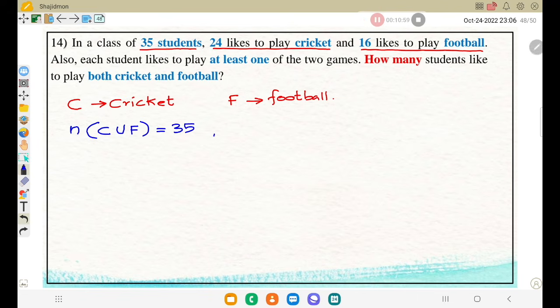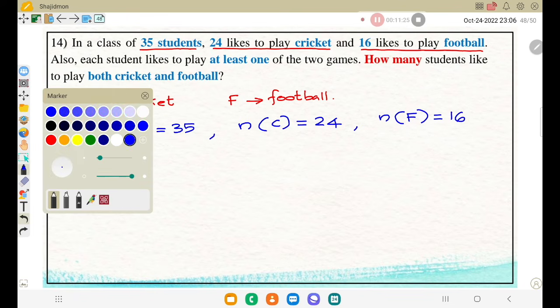Okay. Now 24 like to play cricket. So number of students playing cricket equal to 24. Now 16 play football. So number of players playing football equal to 16. Okay. Now what is the question? How many students like to play both cricket and football?